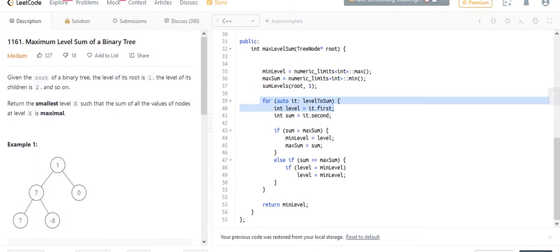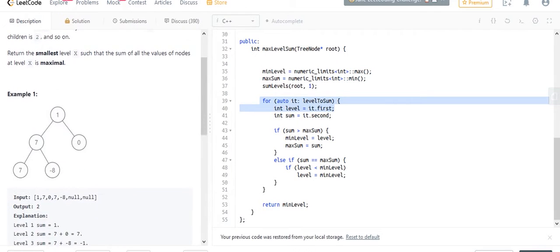Moving on to the next one, this is also very similar and will employ a depth first search approach, and it will be one of the simplest. We basically just have to return the level which has the maximum sum, and we can leave a recursive DFS algorithm to keep going on at each level.